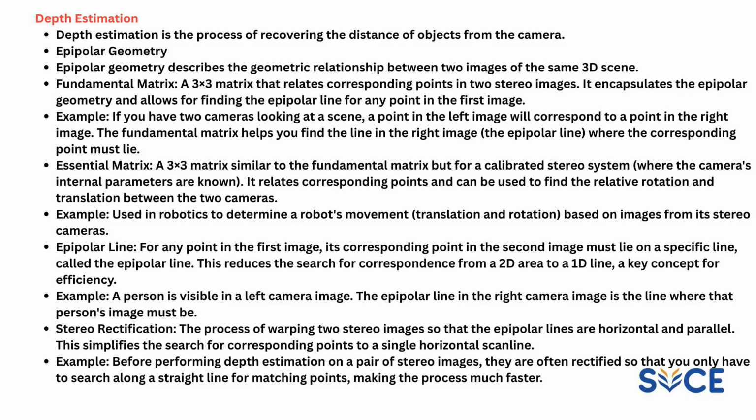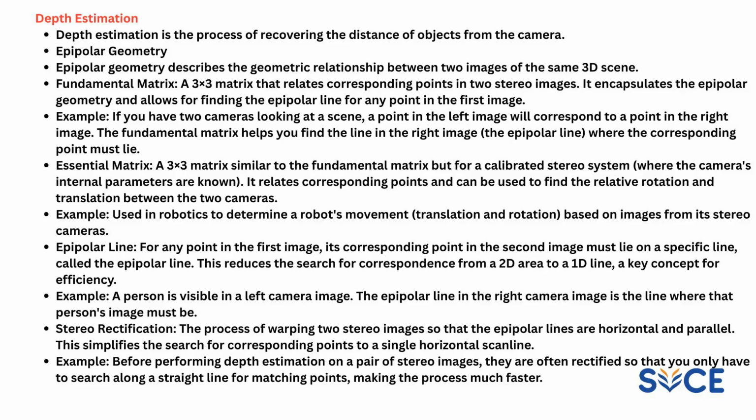So let's summarize. First one is depth estimation. It's figuring out the distance from the disparity between the two images. Then epipolar geometry governs the relationship between the two views.